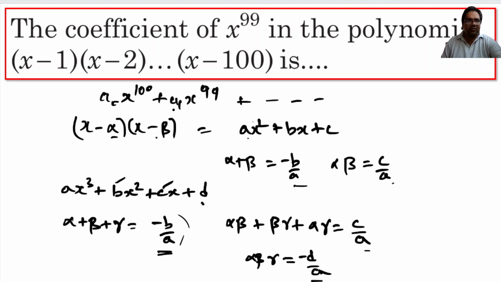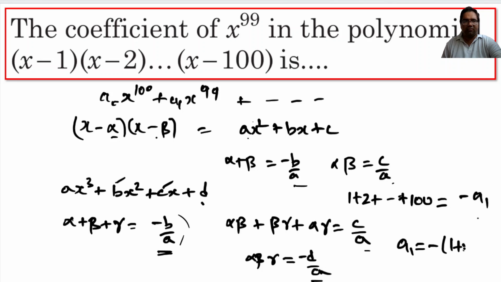What is a1 is the question. We know 1 plus 2 plus 3 up to 100 is equal to minus a1 by a0, and a0 is clearly 1. So minus a1 is 1 plus 2 up to 100. So a1 is minus of (1 plus 2 up to 100).